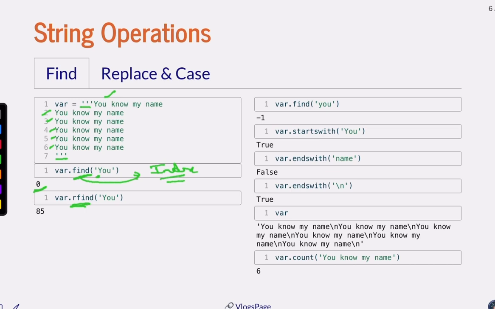Out of them, the last one is this Y, and when you count all the characters, its starting index is 85, which is what it gives. Whenever we give a word which is not there in this variable, say here we have given "YOU" entirely in capitals, whenever something is not there, it gives an output of -1.